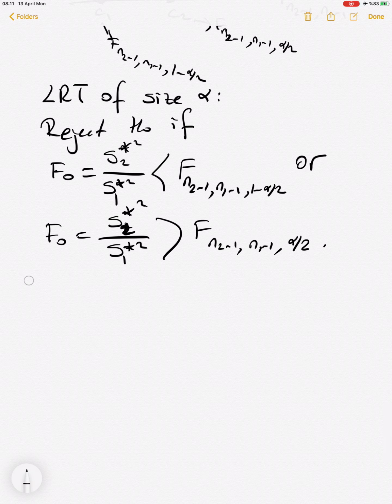So this is our test. You can write this test in terms of S1 over S2 square, and in that case all you have to do is change the order of the F, so you will end up with the same test. This is how we derive the test.